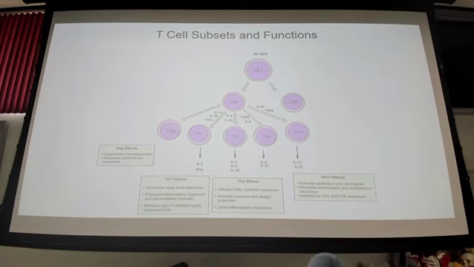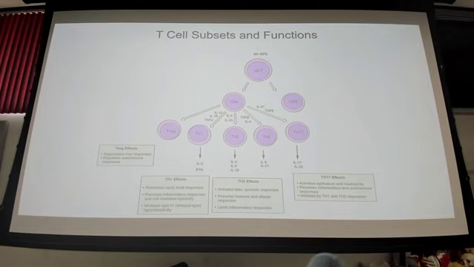Okay, so this slide is basically just saying what I just said. We're looking at these subsets of T cells. Don't worry too much, this is a progenitor cell. This just means alpha beta chain. So the early progenitor T cell will differentiate into a CD4 cell.